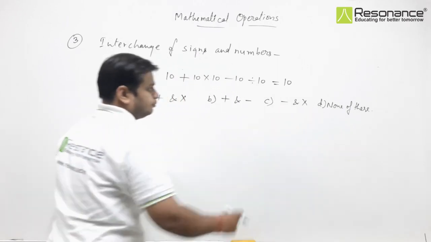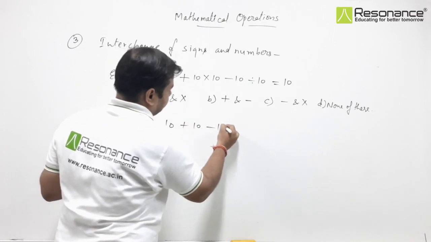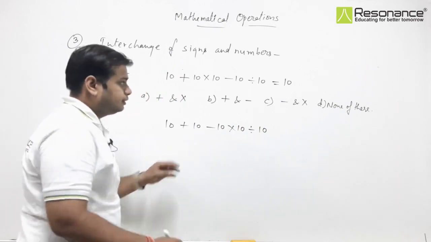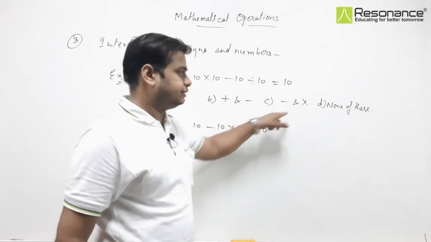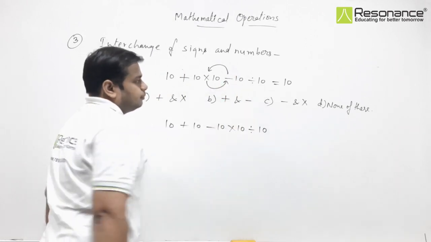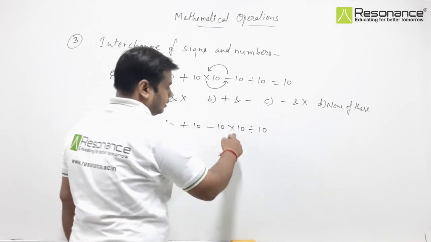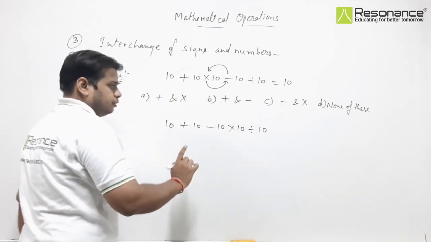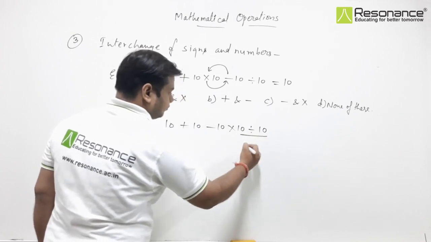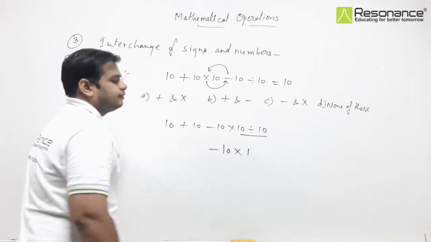Let's do option C. 10 plus 10 minus 10 multiply by 10 divide by 10. Why do I do this? Minus and multiply are interchanged. So minus will go in the place of multiply and multiply will go in the place of minus. Now if we solve, 10 divided by 10 will give us 1 and 10 multiplied by 1 will give us only 10.